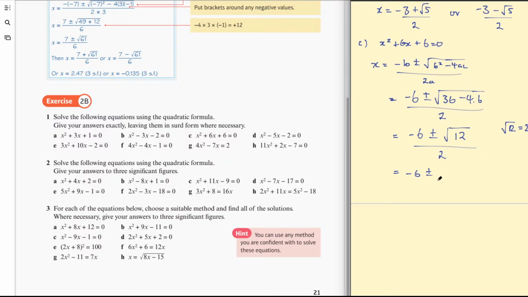If you write it like that, we're going to be able to cancel a 2. So this is going to equal negative 3 plus or minus the square root of 3. So the solutions are x equals negative 3 plus root 3, or x equals negative 3 take root 3.